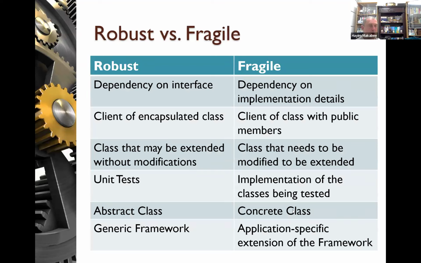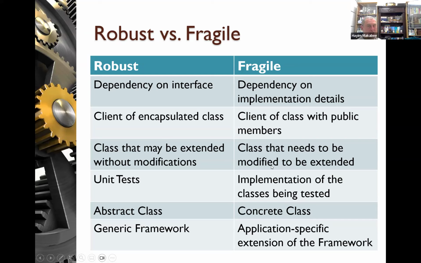Okay, another example. Here in this table, I make the summary. Dependency on interface is robust. Dependency on implementation details is something bad, is fragile. If I am a client of an encapsulated class, this is robust. If I am a client of a class that has public members, this is bad, this is fragile. If I have classes that may be extended without modifications, this is good, this is robust.